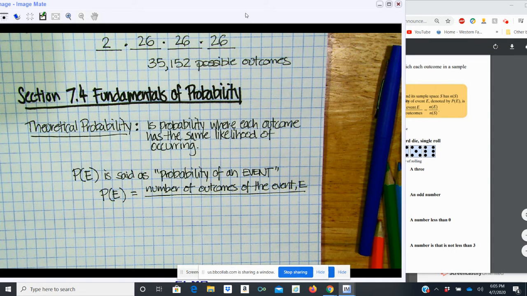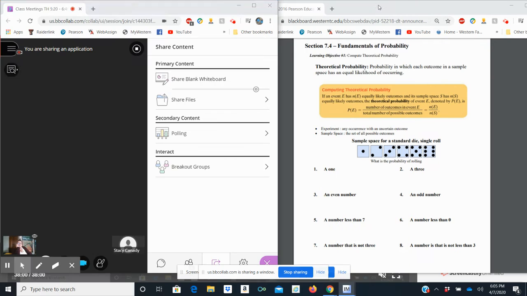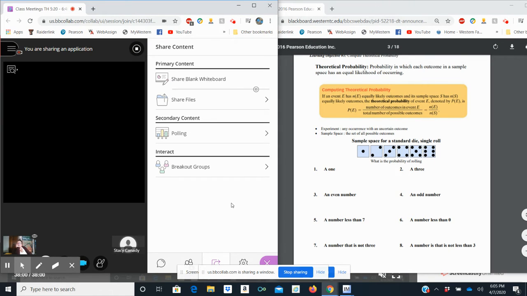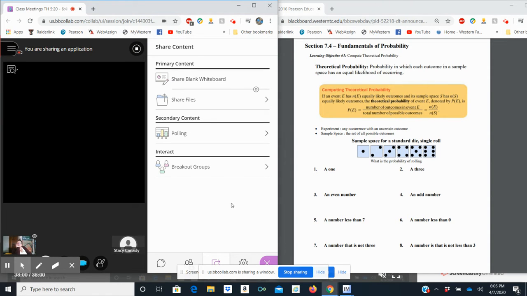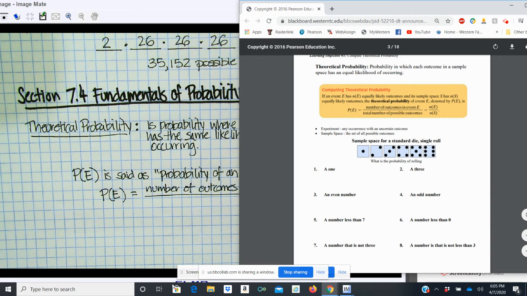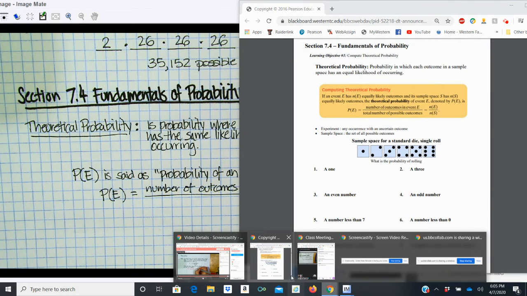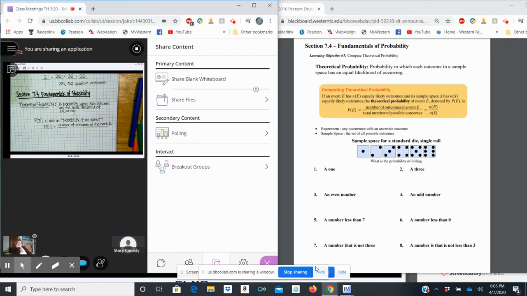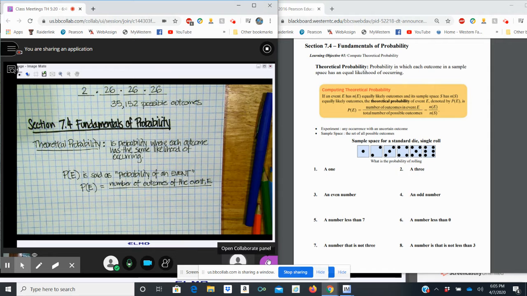All right, is it visible again? Ooh. Okay. There we go. All right.